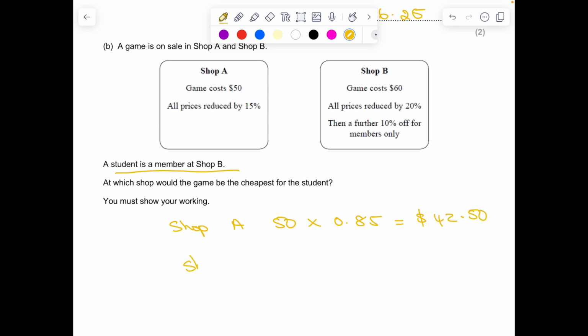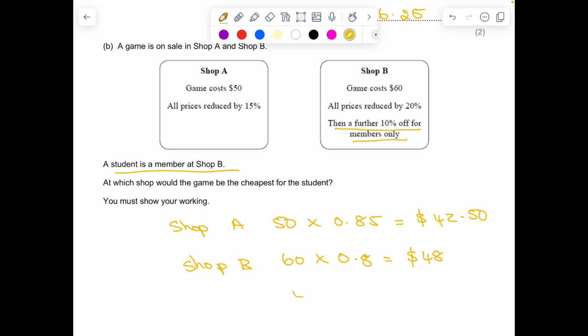Then shop B, $60, all prices reduced by 20%. So I'm going to do 60 times 0.8 to do a 20% reduction. That gives me $48. But then it says a further 10% off for members only.